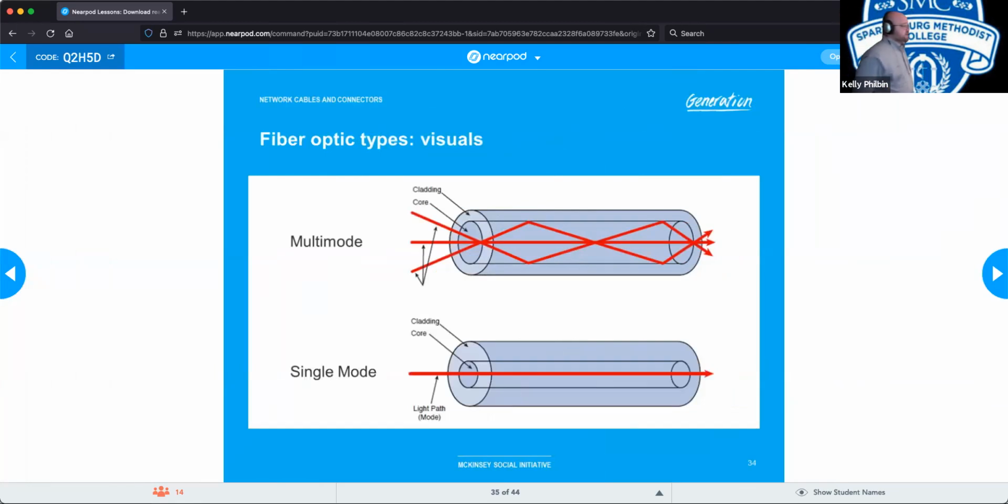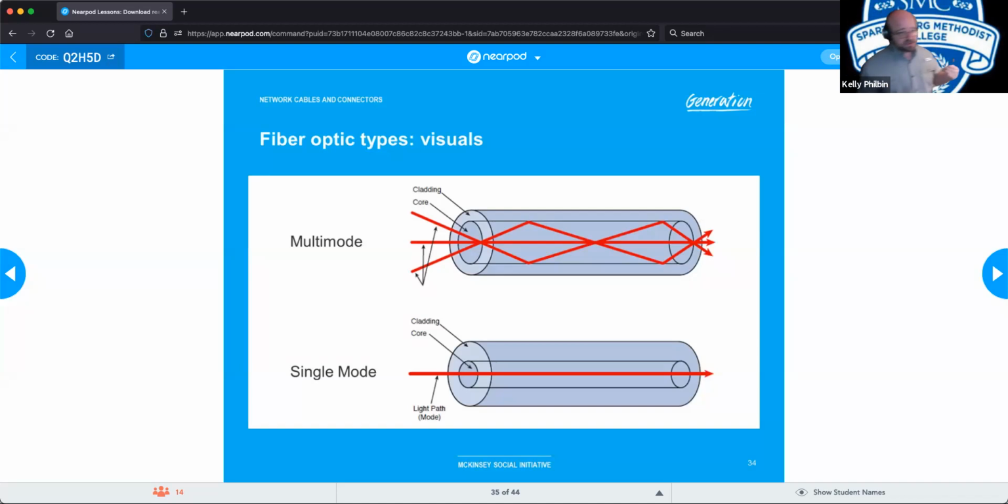Kind of break it down like this. Multi-mode up top, they can use different colors of lasers or LEDs to transmit down the fiber optic cable, and it will bounce around inside, allowing for multiple data streams to happen at the same time. And this is great, but it cannot be continued over long distances.